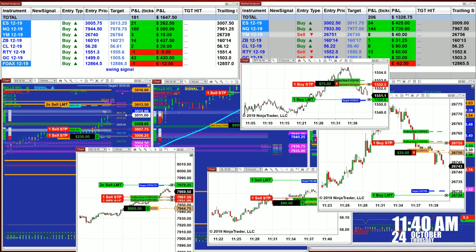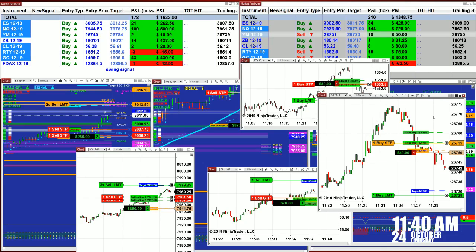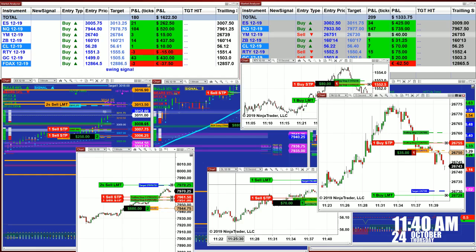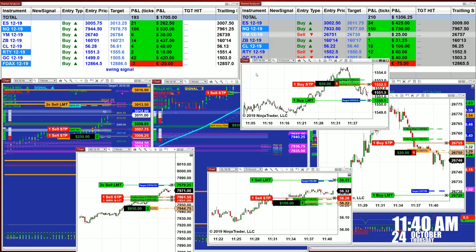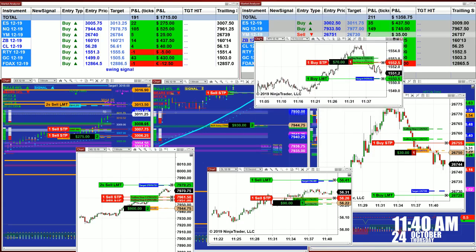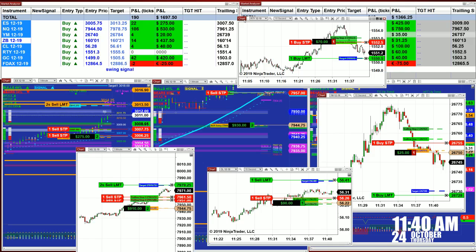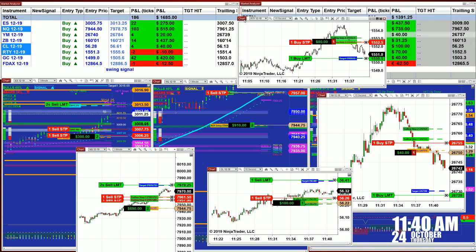And there we go. We have a NASDAQ to the long side and a YM to the short side, and they're both making money. It's amazing. And the CL is sitting between those two. And the Russell, it is about to close. So I don't need a brainer to do that.